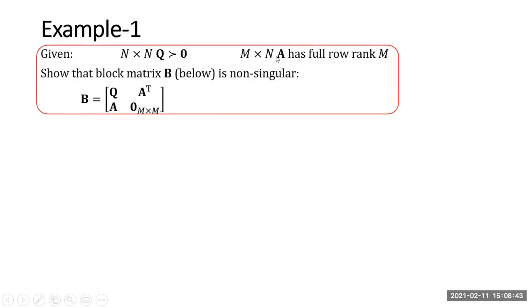A is an m by n matrix. B is given by this block matrix here. We have to show that this block matrix is non-singular, if Q is positive definite and A has full row rank.